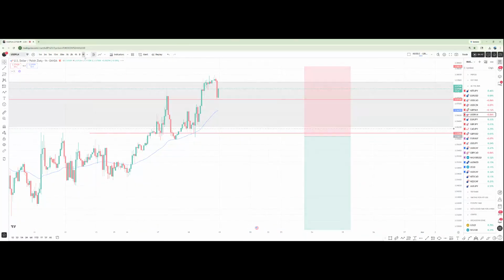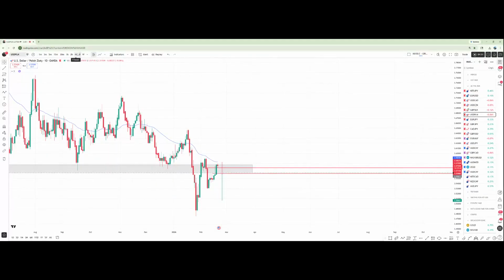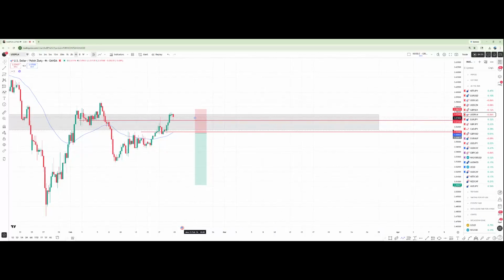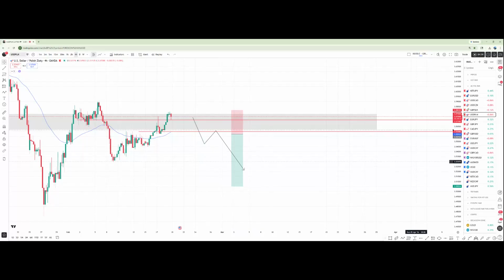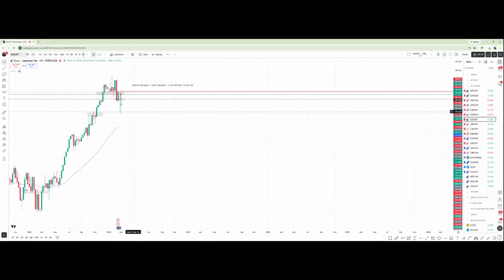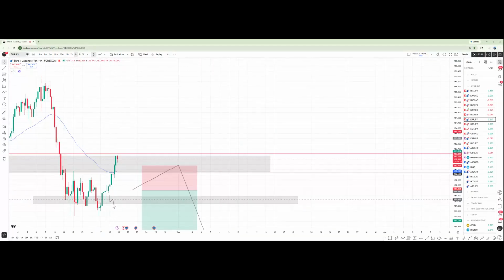USD JPY, same thing as well. Doesn't give me my perspective of break and retest, just like this. Euro JPY, this is the same thing, guys. Weekly wick pullback, daily rejection, 4 hour, I need a shift of structure.